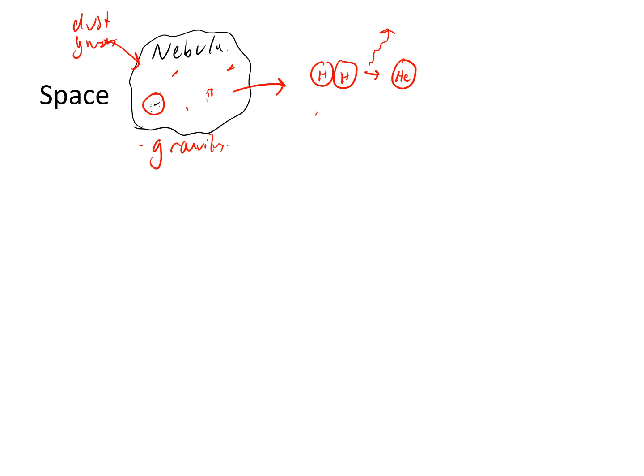It's called nuclear fusion. And we're talking about hundreds of billions and billions of atoms fusing together. And once that reaction happens, we've actually created, within this nebula, a star.